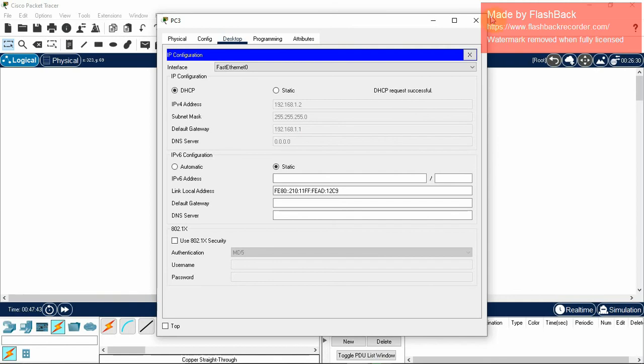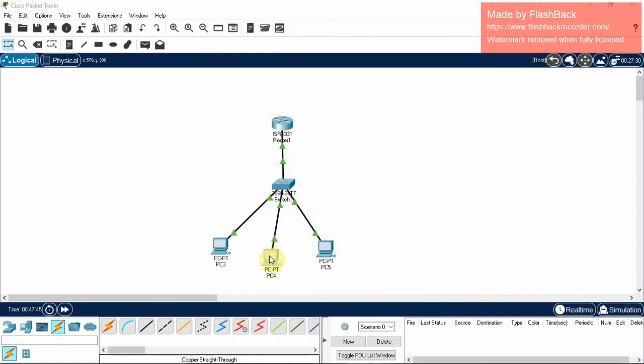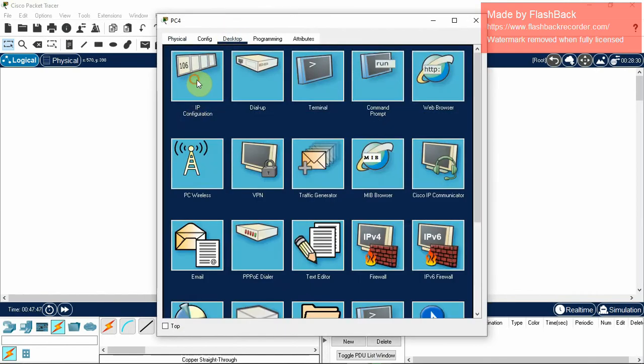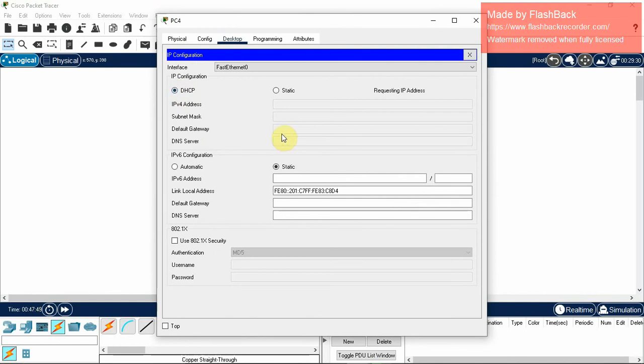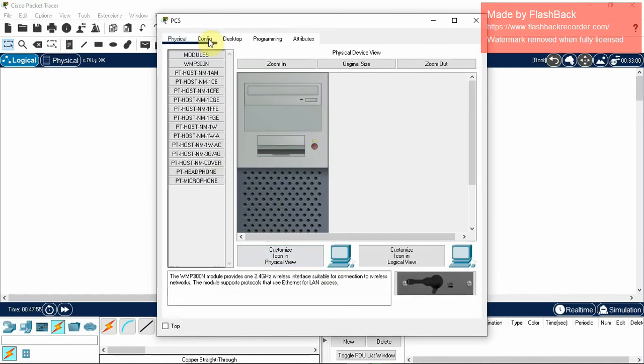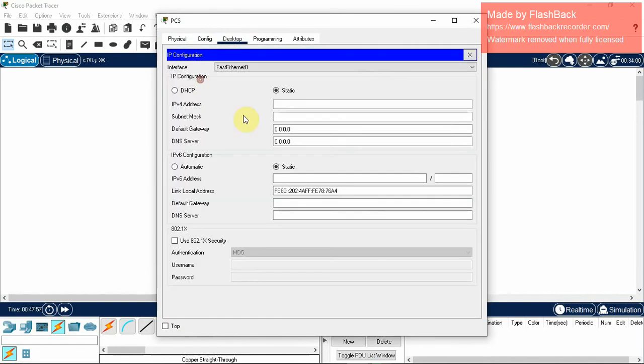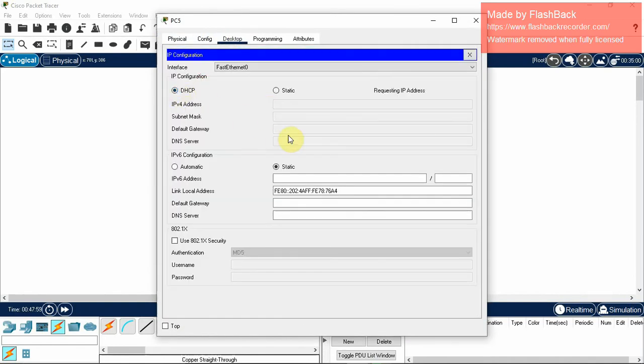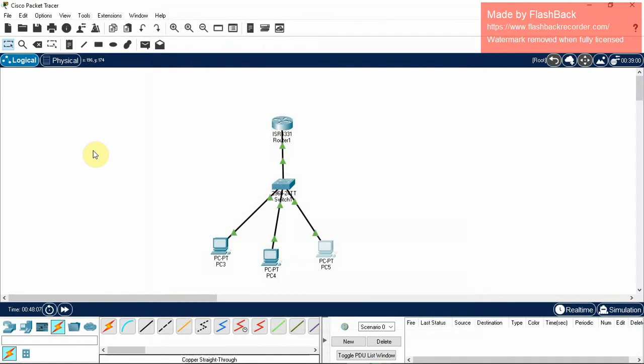So there we have it. Check on the next VLAN if it has received the IP address from the DHCP. There, it's working. So yeah, it's all good. Next time we're going to configure the DNS servers, but for today we're only doing the DHCP on the VLANs.